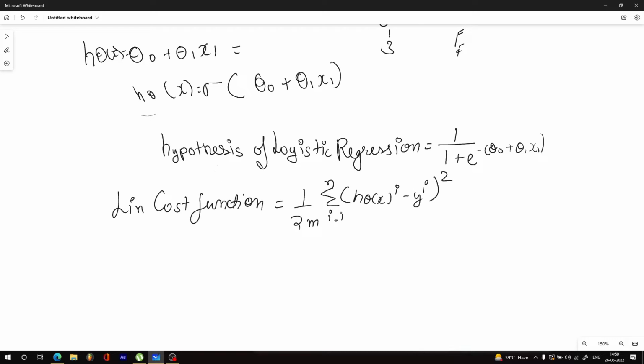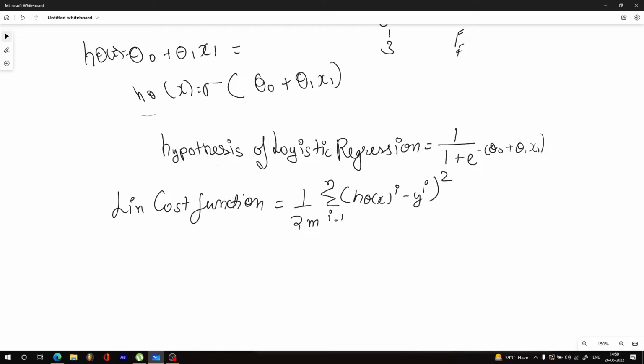If you don't know how this cost function comes and how it is used, you can check my previous video. I'll share the link in the description. This was the cost function for linear regression.